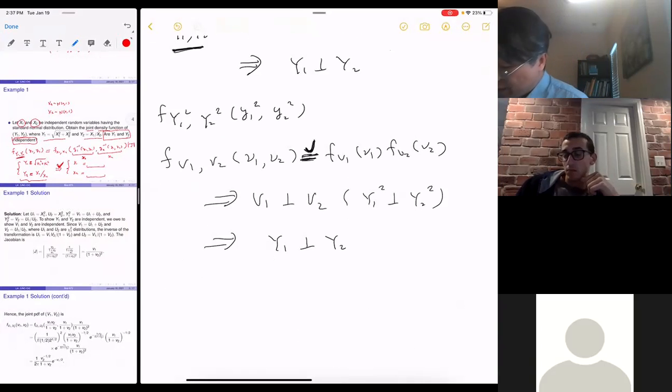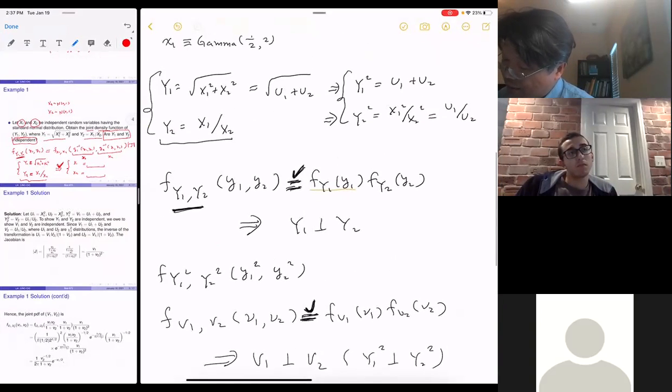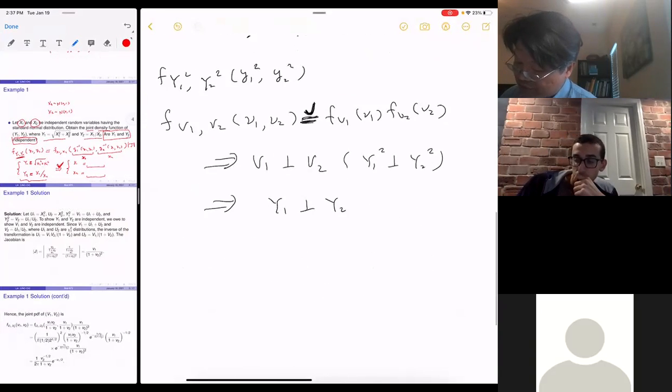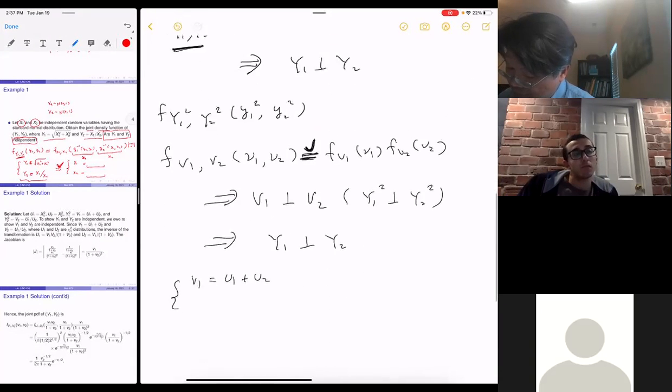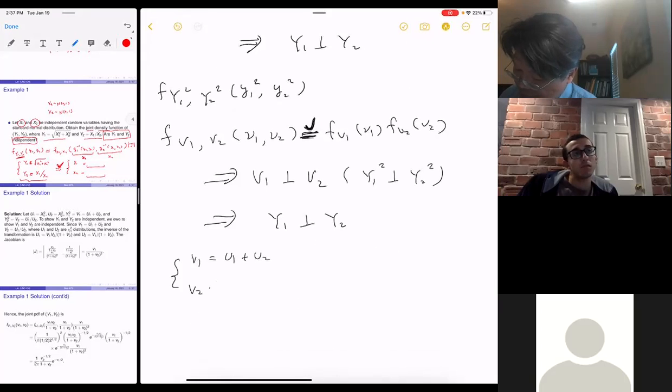Then right here, if I switch everything, Y1 squared and Y2 squared, eventually V1 equals U1 plus U2. Let me go back to see if that's the case. Yep. And V2 equals U1 divided by U2.